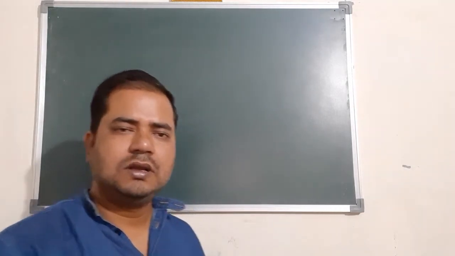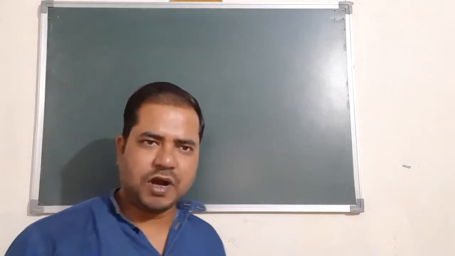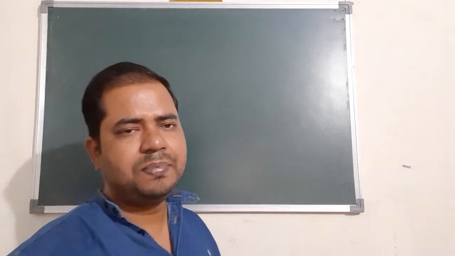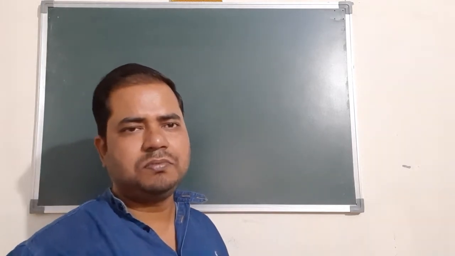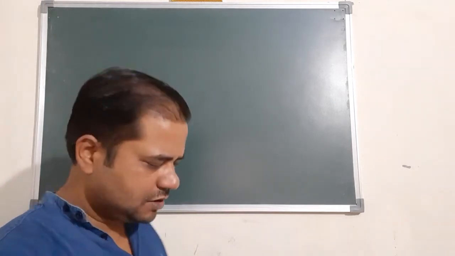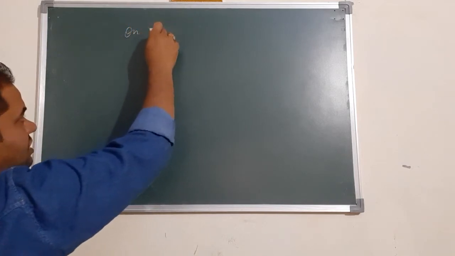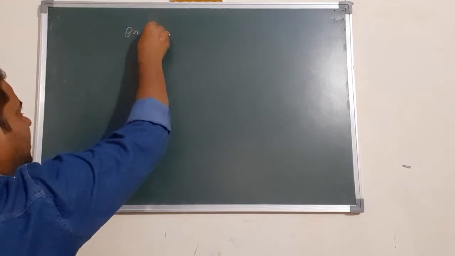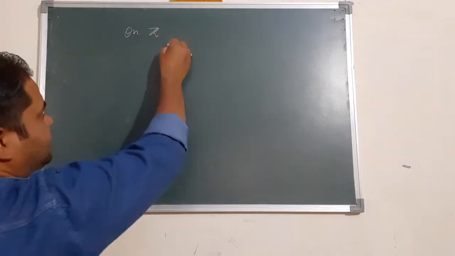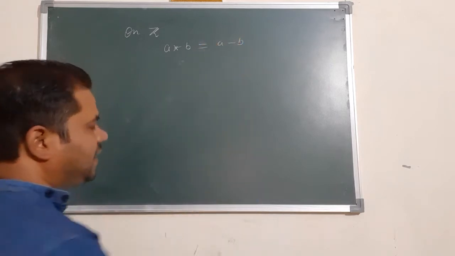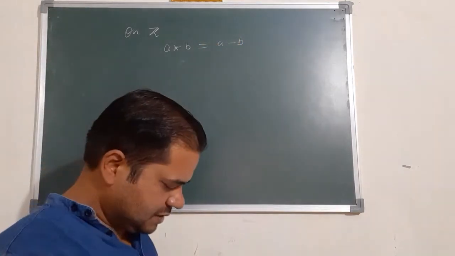First of all, whatever is defined, is it a binary operation or not, and if it is a binary operation, then is it commutative or associative, or both, or neither. Okay, so the first one is defined on Z, the set of integers, not Z plus, and A star B is A minus B.